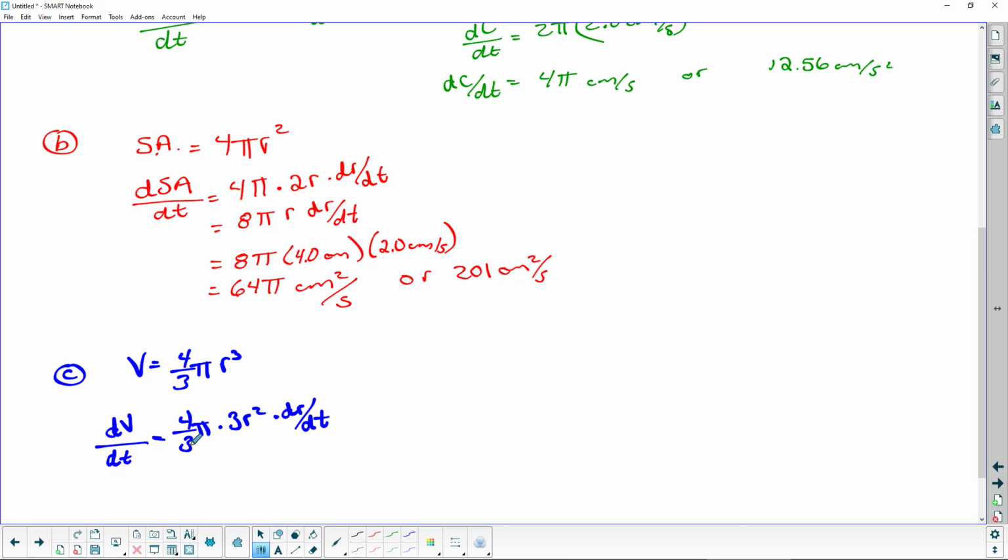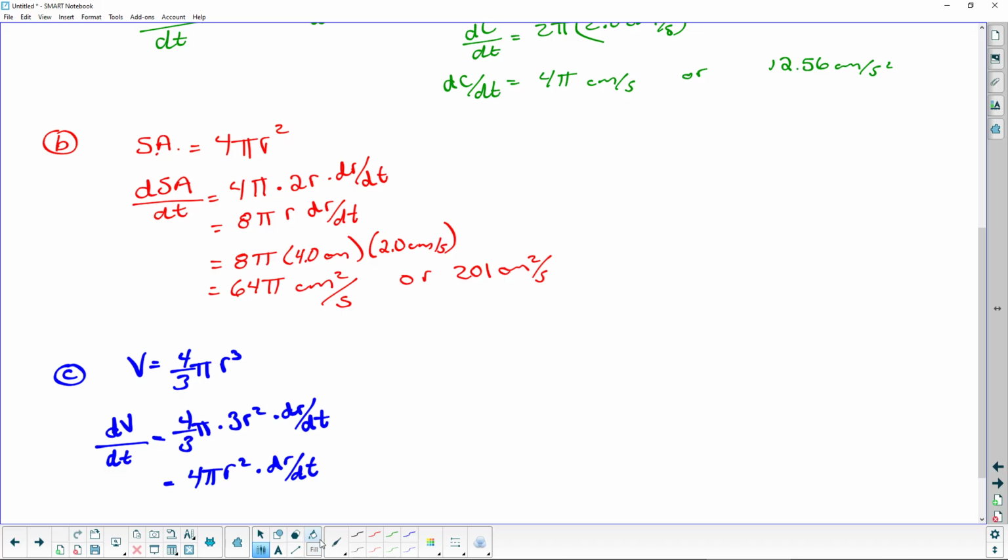We can simplify a little to make it easier on ourselves. This 3 times that 4 is 12, divided by that 3 gets us back to 4. And look what it turns into: 4 pi r squared dr dt. It's really weird.